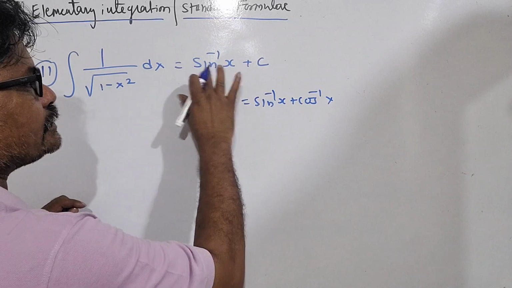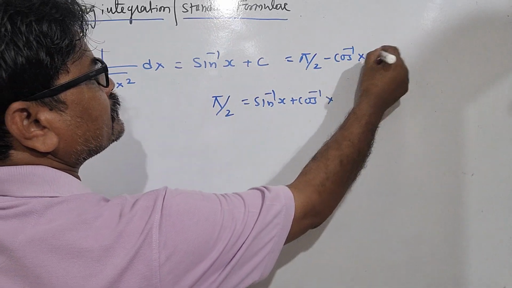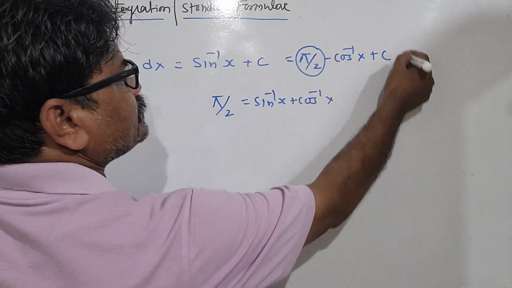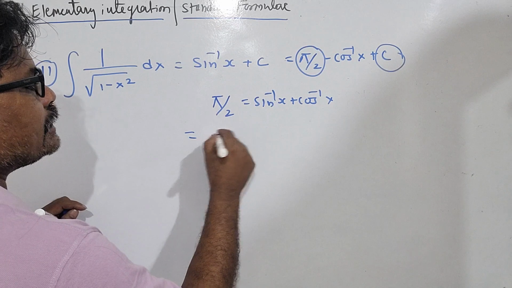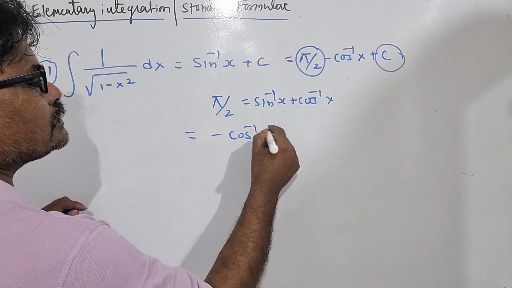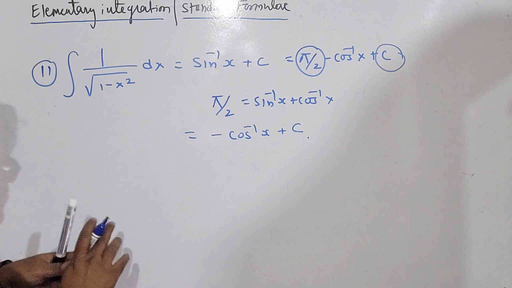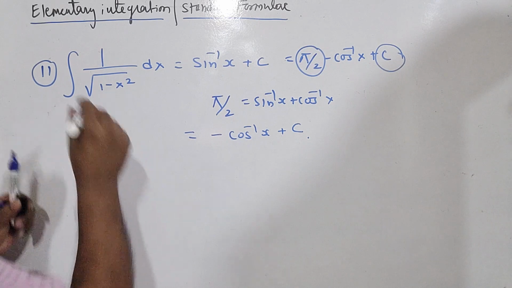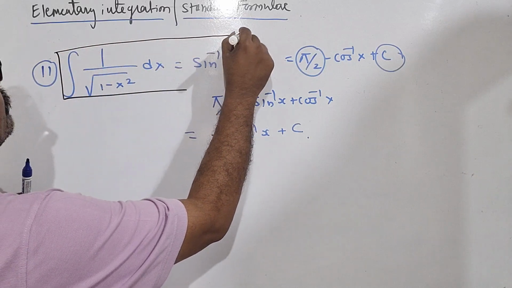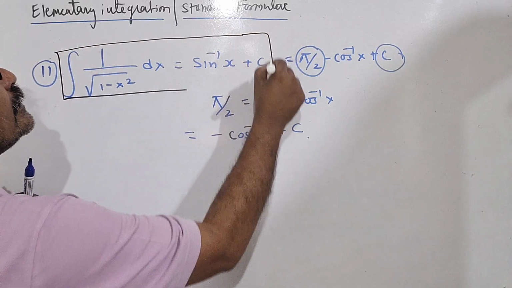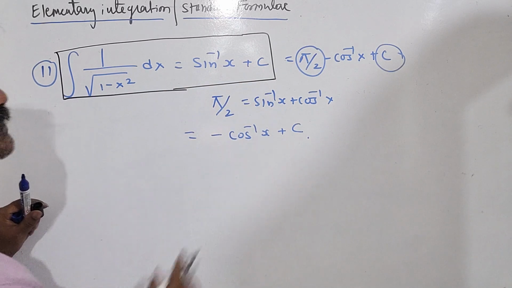So therefore sine inverse x can be written as pi by 2 minus cos inverse x plus c. This is constant, this is also constant, so that will give another constant. Therefore this formula is also minus cos inverse of x plus c. Correct? So you can say that the integration of 1 upon square root of 1 minus x square is sine inverse x plus c or minus cos inverse x plus c.